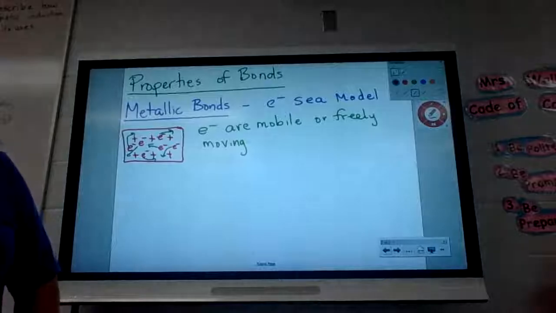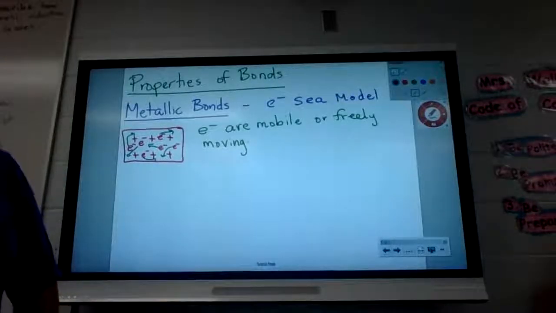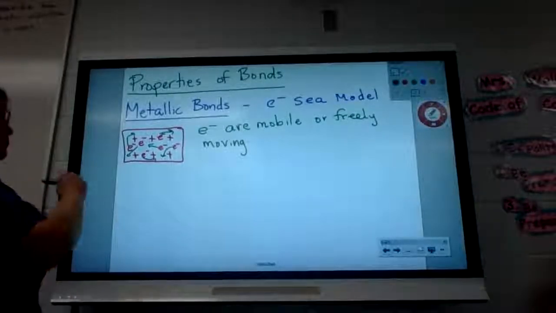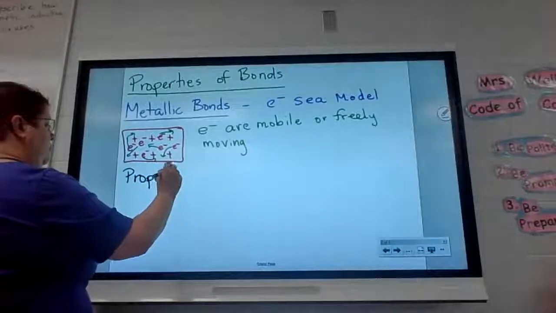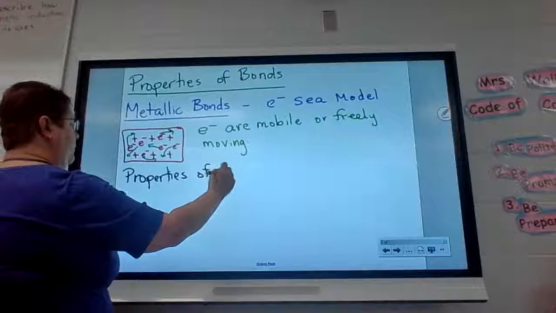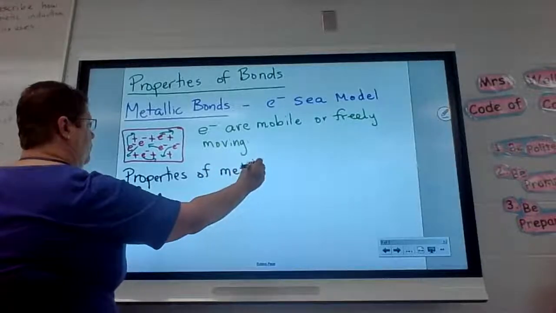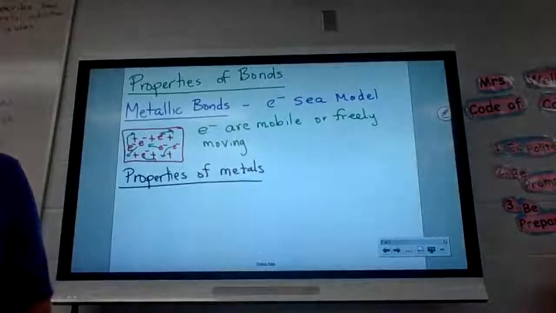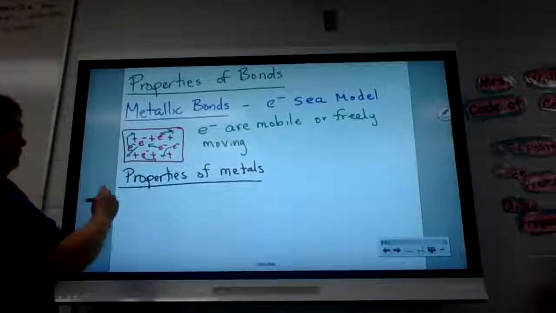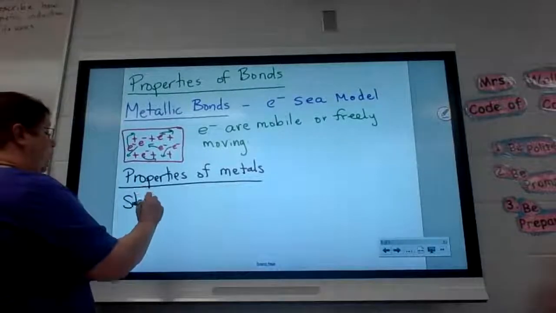So back probably in middle school, you learned some properties of metals. Anybody tell me something they know about metals? All right, they're shiny. Did anybody give me the nice science word for shiny?